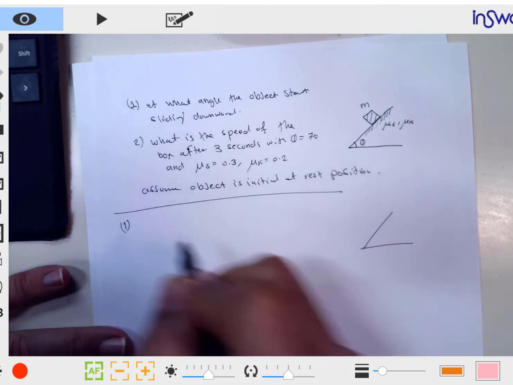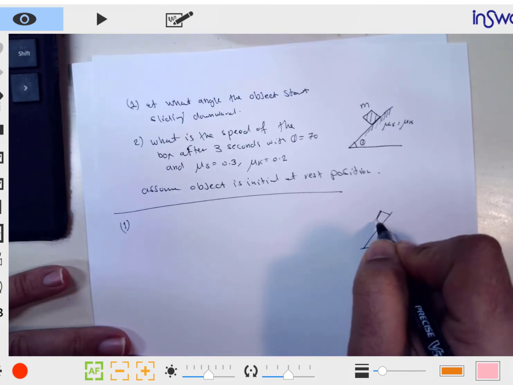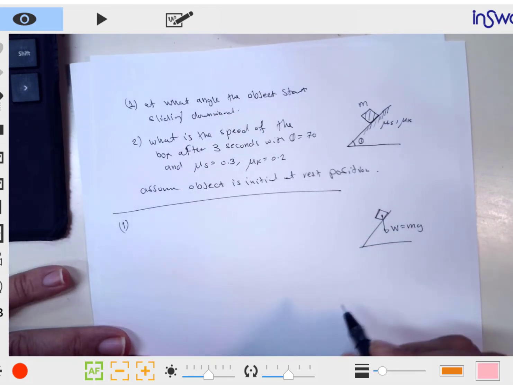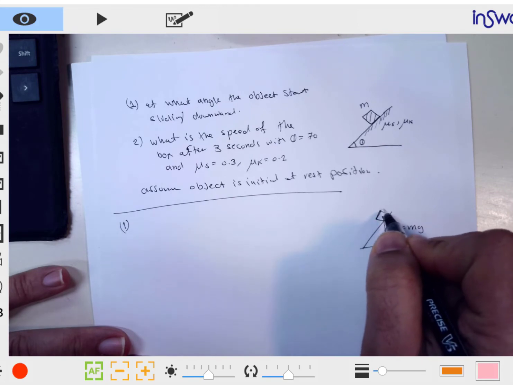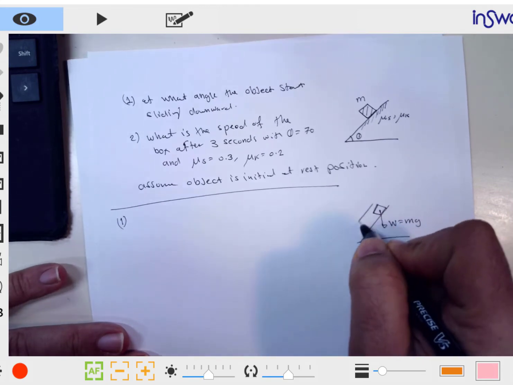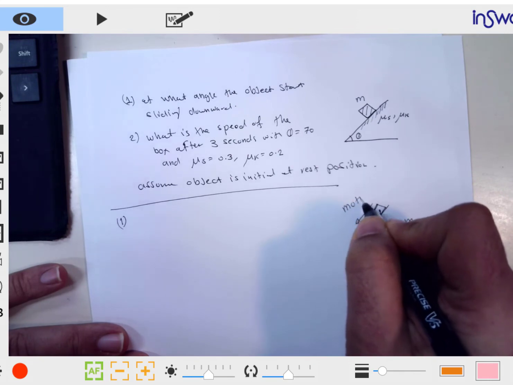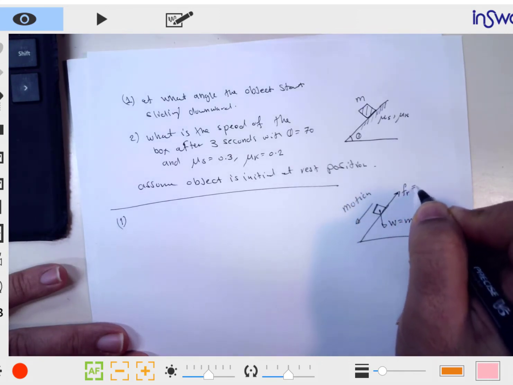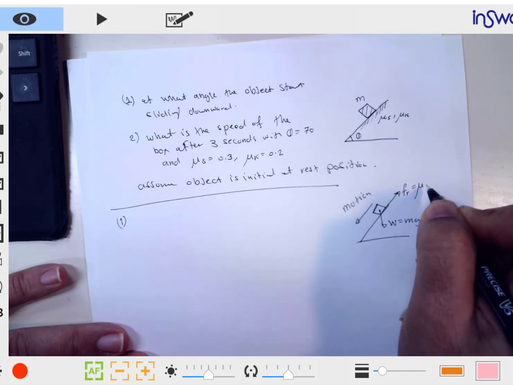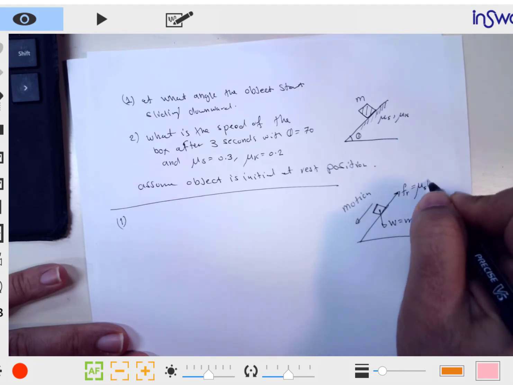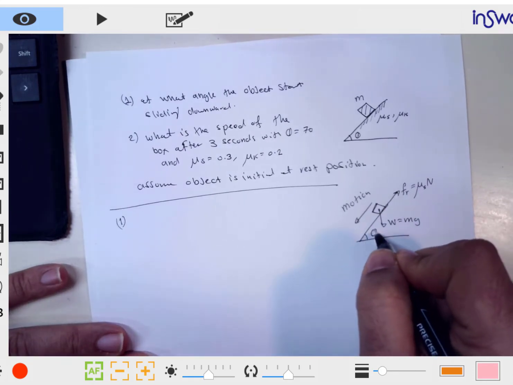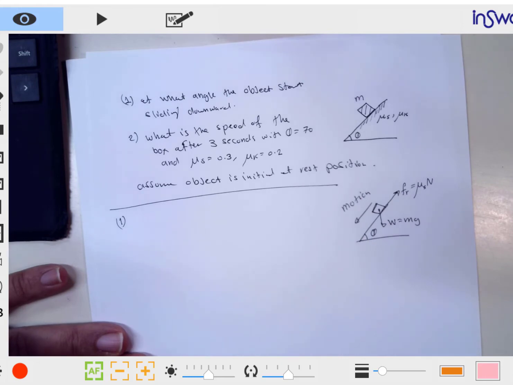So we have a box, a weight, the free body diagram. Well, this will attempt to slide downward, so the motion is in this direction. So therefore we have here Fr, which is equal to mu s N. Now I put it at mu s because I'm interested to find the minimum angle at which this object will start moving.